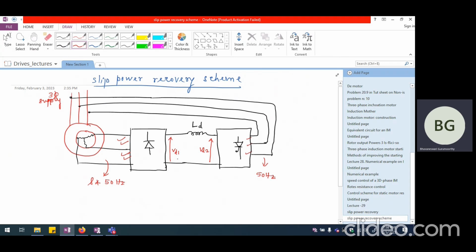So just to ensure that the system is working in a stable manner, we should always have VD1 equal to VD2.